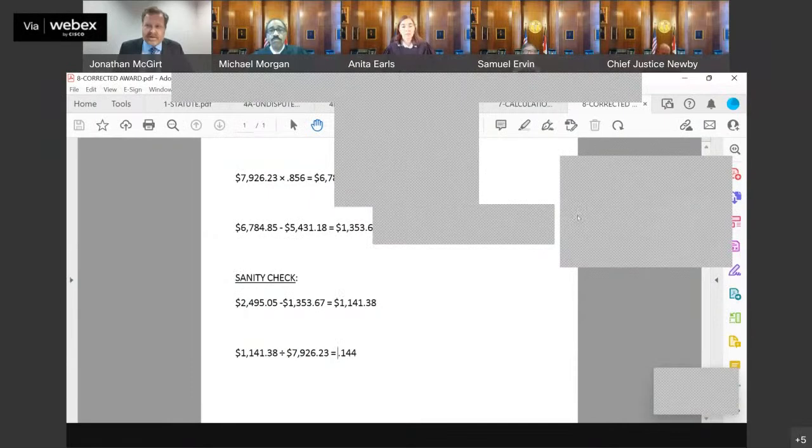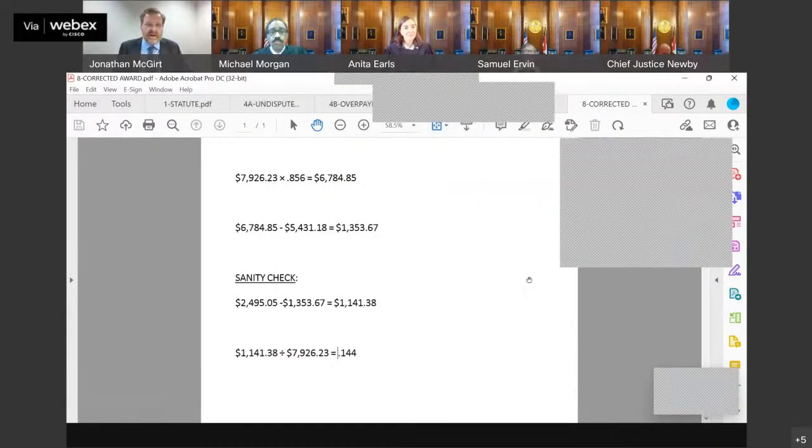finally an answer to Justice Earl's ultimate question, and that is the calculation of what I think it should be. This is how I think it should be figured in consideration of proportionality of income shares model, and all of those things. So the total reasonable needs, 7926 times father's share of the income share is 85.6%.